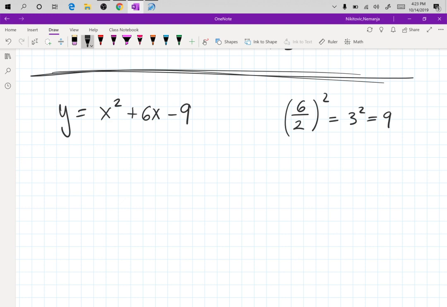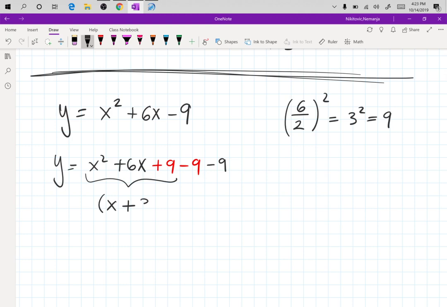So this is y equals x squared plus 6x. Then we add and subtract 9, and then you still have minus 9 from the problem. And then the first 3 will give you the completed square, and that is the square root of the first, sign of the second, square root of the third, squared, and then you have minus 18.